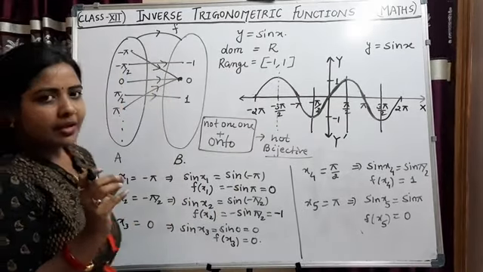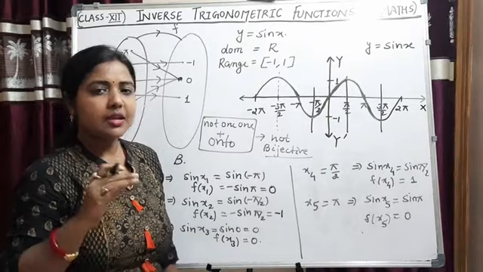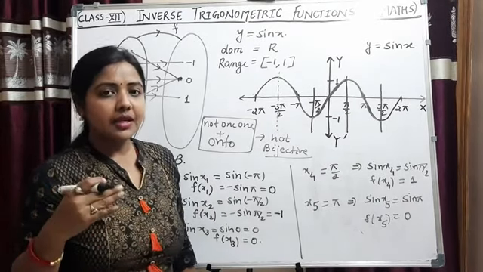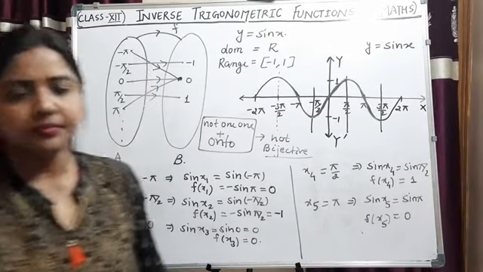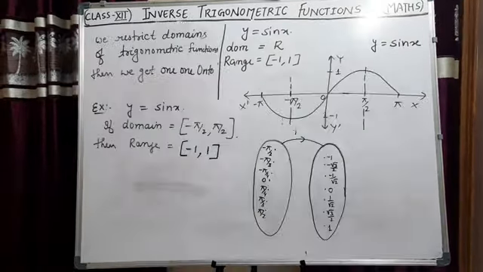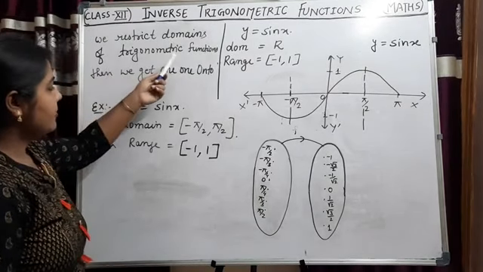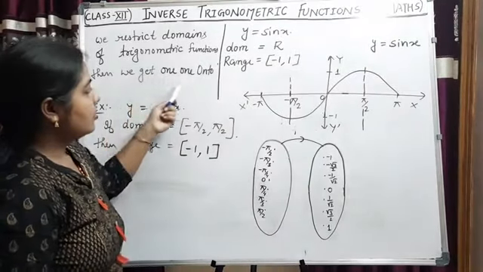Meaning that when we restrict the domain of the sine function, then we get the inverse, because after restriction we get 1-1 onto trigonometric functions.